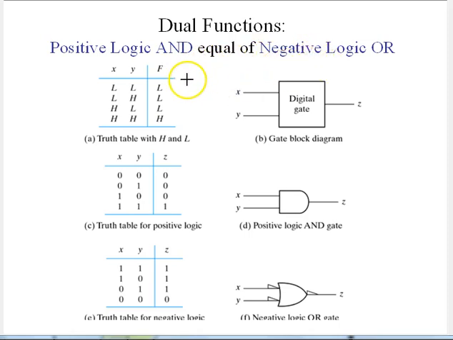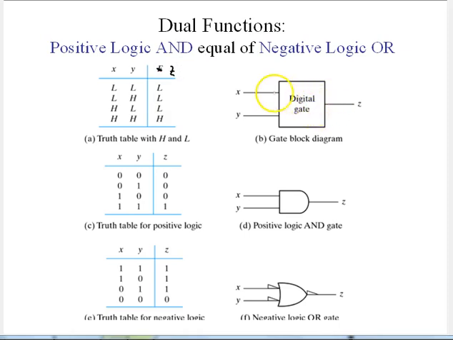So if our electrical specification is such that we have our logic levels for X and Y at the inputs of our digital gate, and our logic levels for the output of the logic gate, here in the truth table we show F, in this block diagram we show Z, they should match. So just so that they match, we'll change that to a Z, and that matches our digital gate.